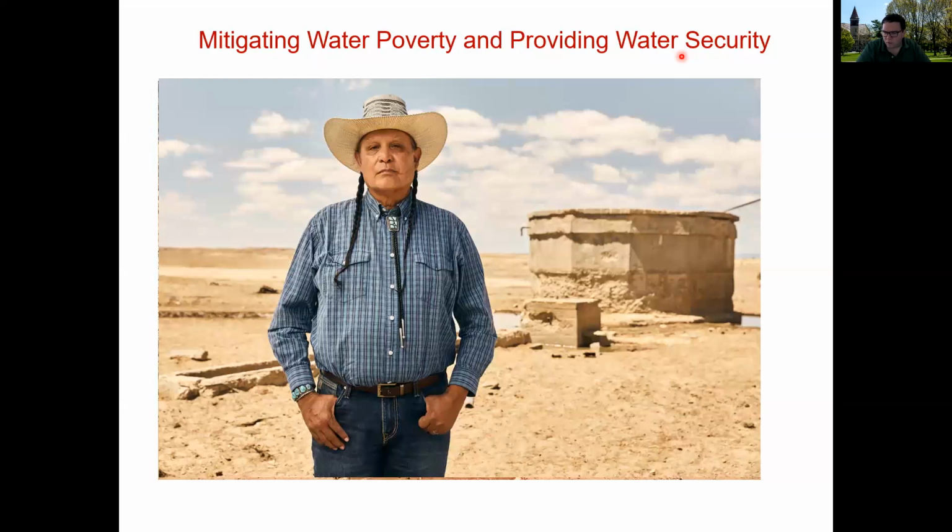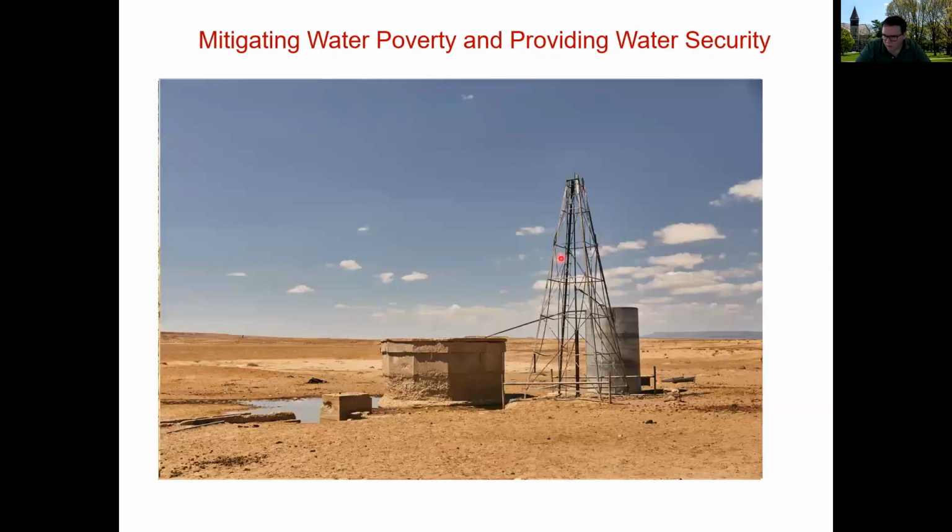So this is another example from our trip to Navajo, looking at the infrastructure around this area for water, which has been damaged over time and hasn't been repaired very well. This is actually a location where some of the wild horses on the Colorado Plateau come.